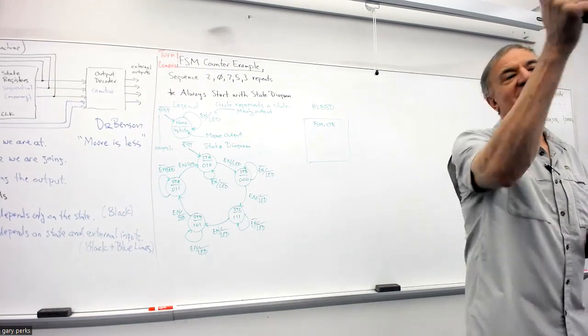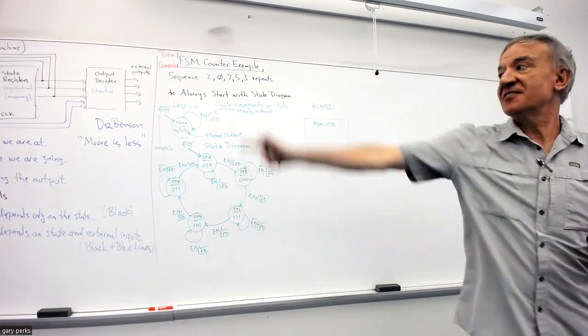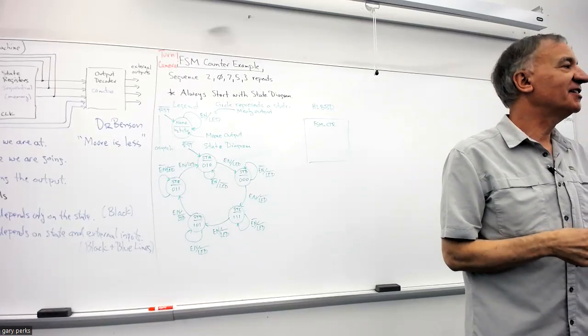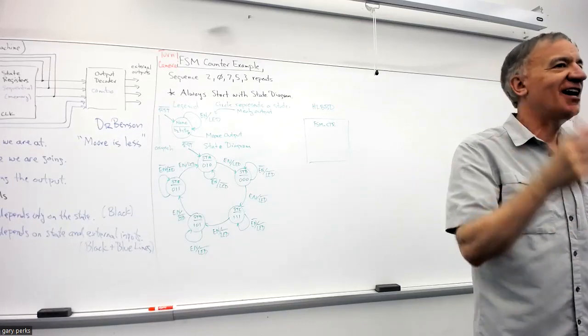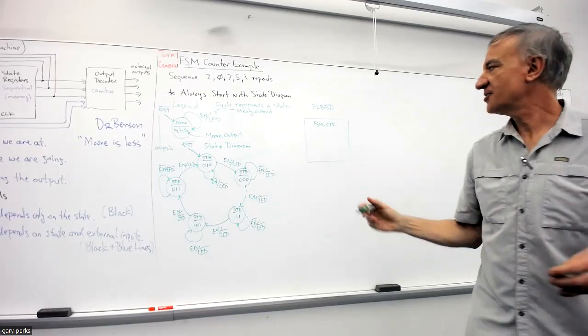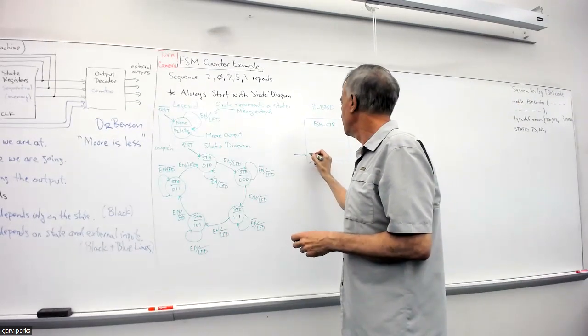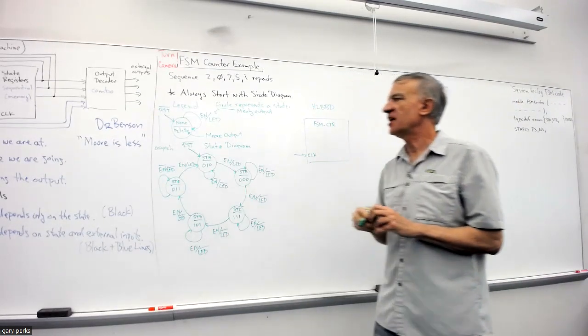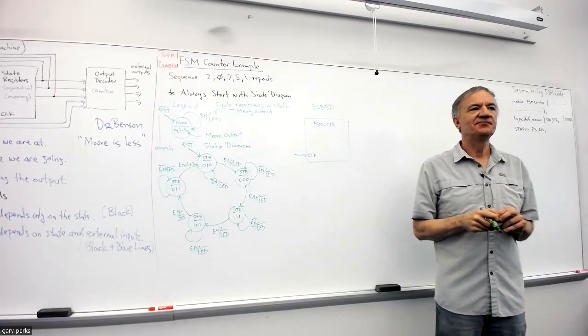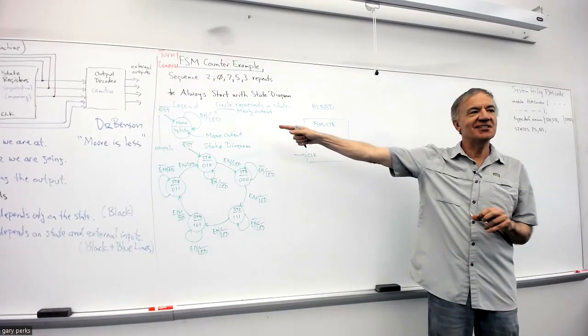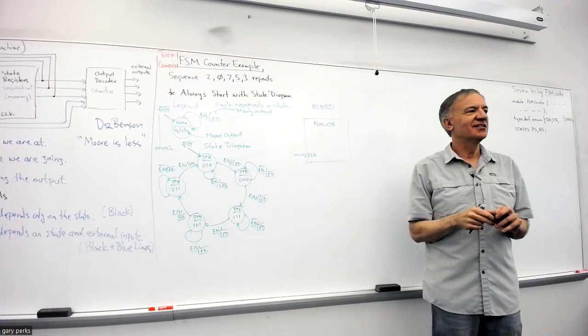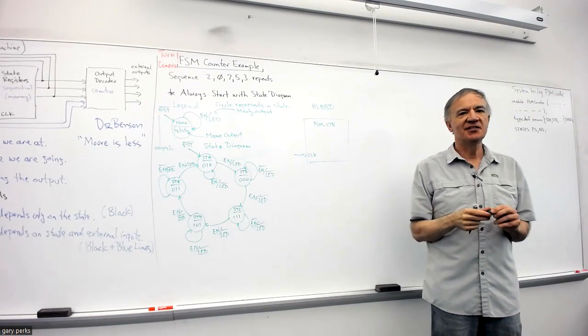There's one that should come to your mind right away since this has memory, right? It's sequential. So what do you have to have as an input? Yeah, clock should come up right away, right? Okay, but what other inputs do we have here? All you have to do is look at the state diagram. What are inputs in that state diagram?